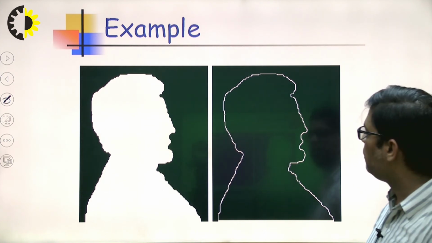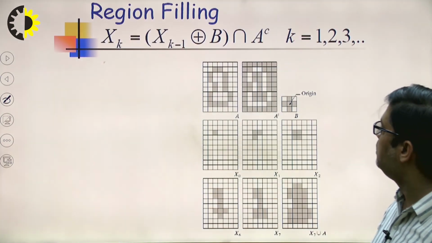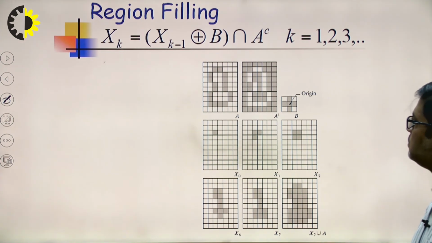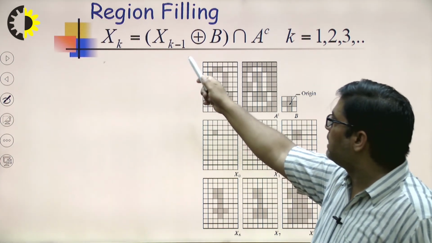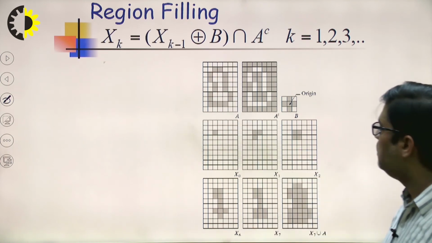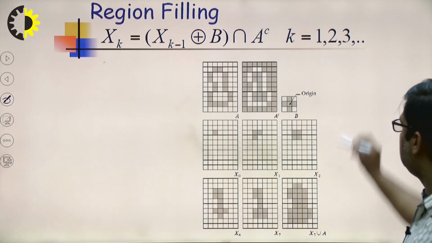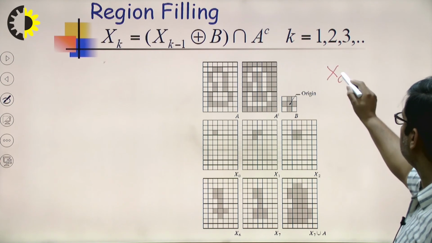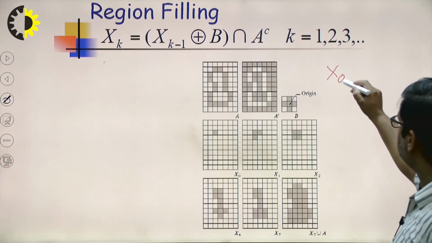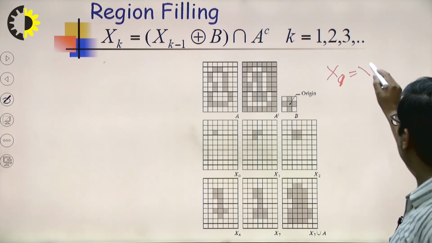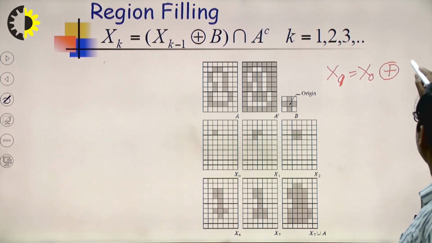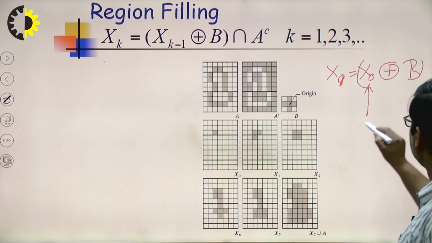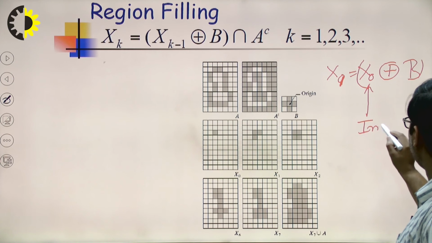So again, that was the example of boundary extraction. Next, region filling. The formula is given here: xk is equal to xk minus 1 dilation b, where it starts with x1 equal to x0 dilation b. Here we can see that x0 is nothing but the original image.